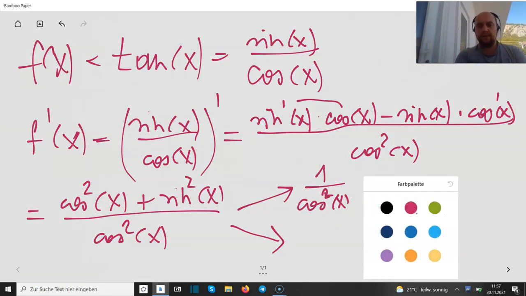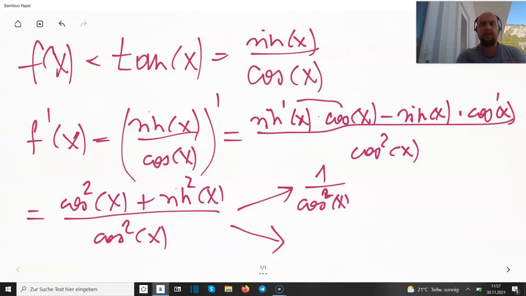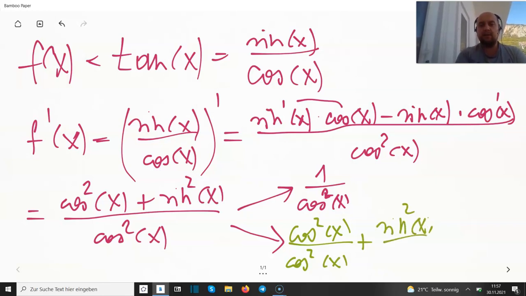But there is also another one, which is we're just splitting the fraction. We are writing cosine squared of x divided over the cosine squared of x plus sine squared of x divided over the cosine squared of x. And now you see the first fraction obviously gives us 1, and the second one, this is sine squared divided over the cosine squared.